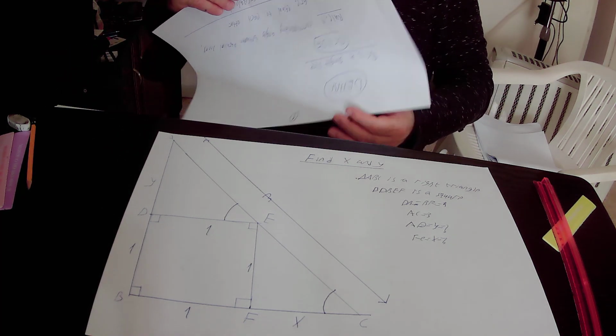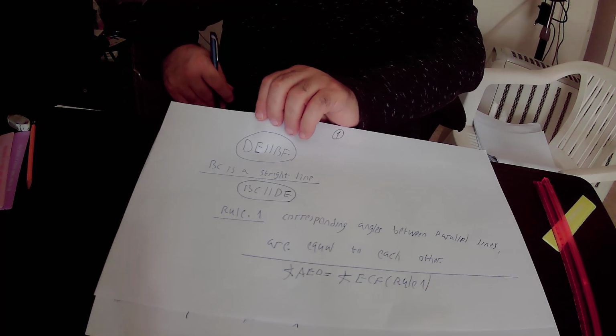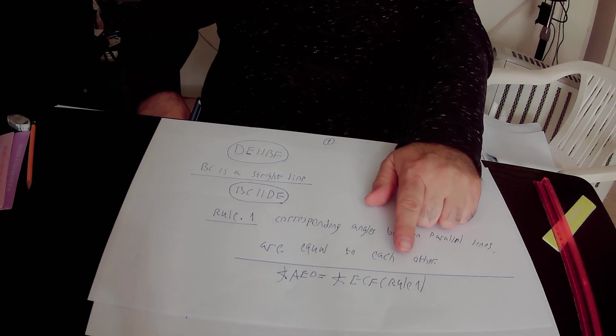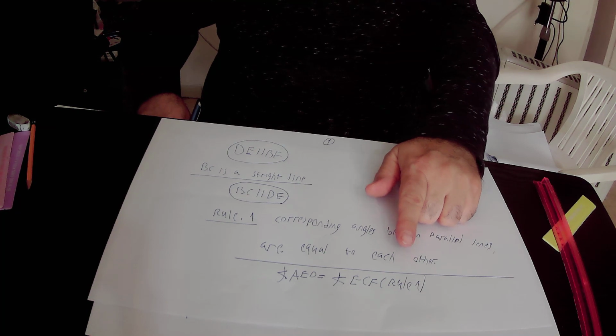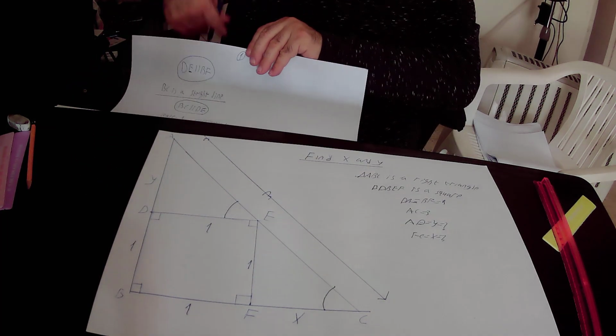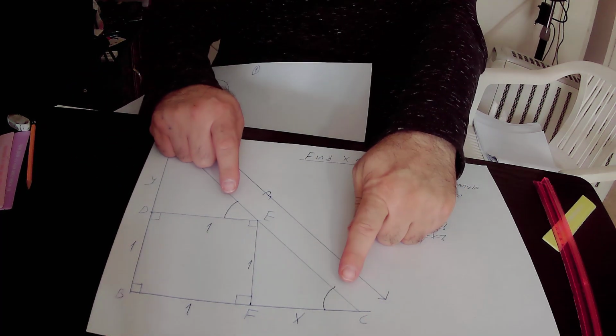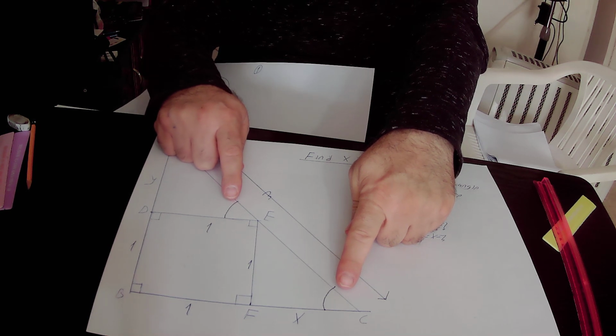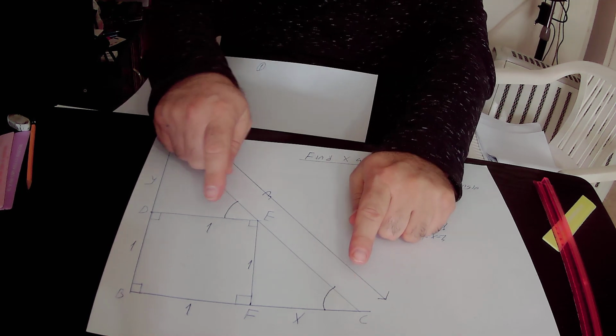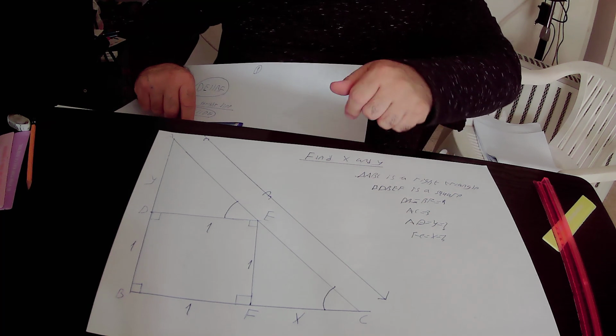I'll repeat again. Angle AED equals angle ECF according to rule number 1, because those two angles are corresponding angles located between the parallel lines DE and BC, so they are equal to each other.